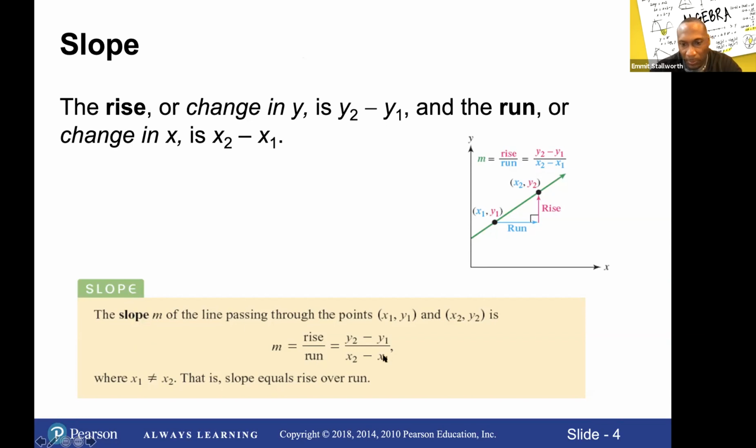This is the formula that we're going to use in order to find the slope. If we're given a point x sub 1, y sub 1, and another point x sub 2, y sub 2, then as long as x sub 1 does not equal x sub 2, we have this formula in order to find the slope.